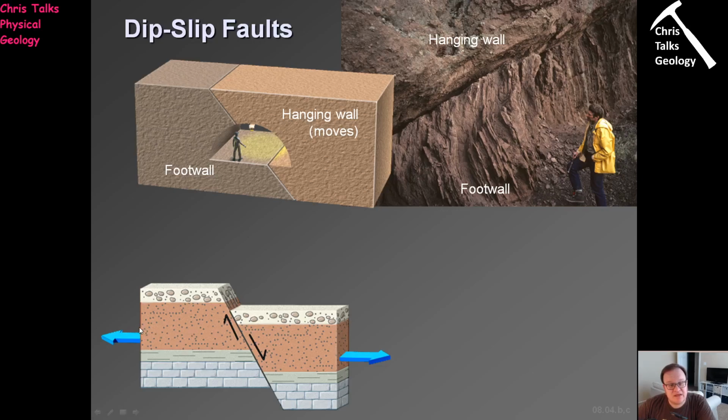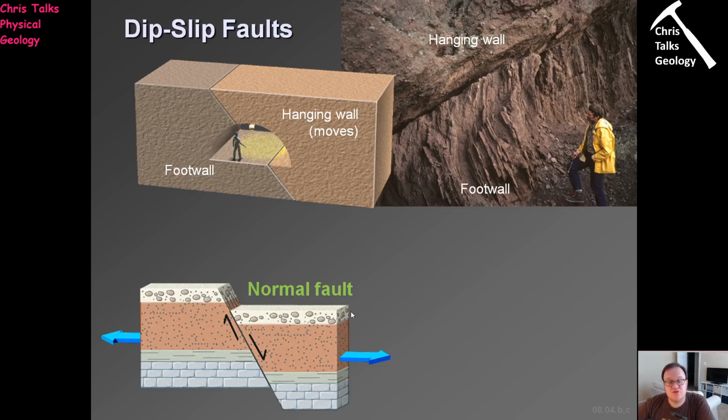So the distance from here to here increases the further down this block goes. And so we have a method of making the block go from this long to this long simply by allowing this piece of rock to drop down. And at all times these pieces of rock are behaving like solids. They're behaving in a brittle fashion.